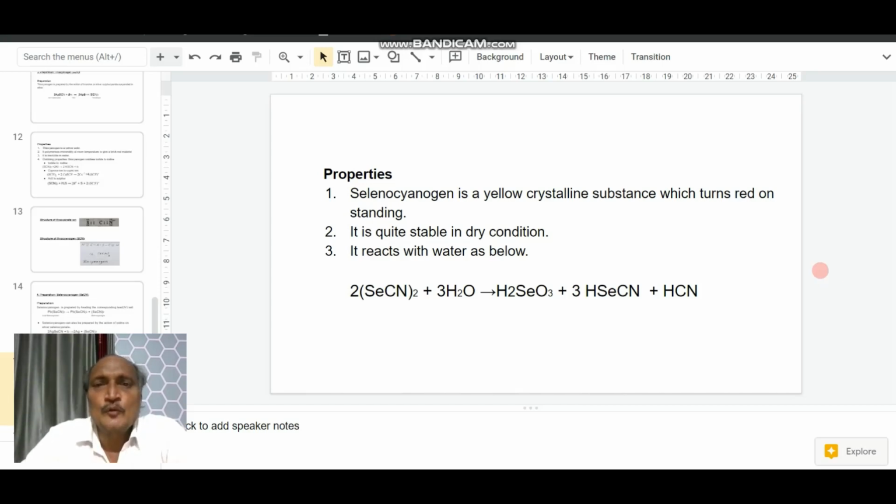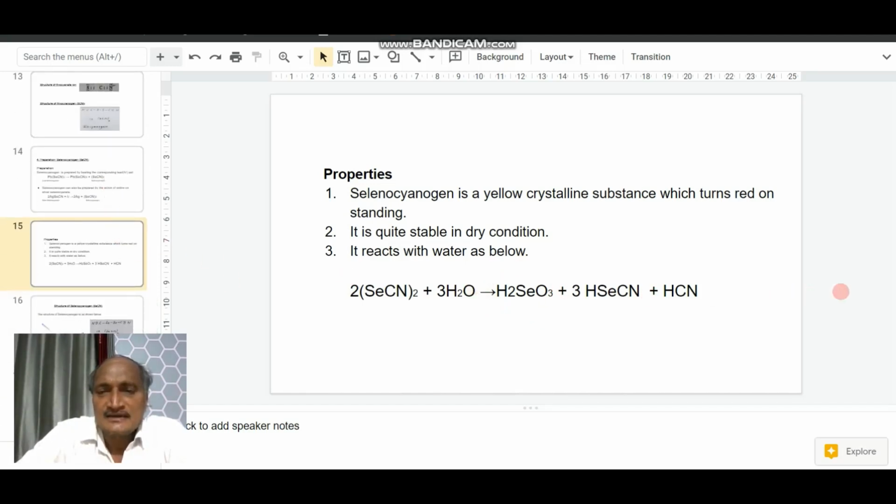That is, 2 moles of selenocyanogen with 3 moles of water forms HCN, 3 moles of HSeCN and 1 mole of H2SeO3. The reaction itself indicates the action of selenocyanogen with water.